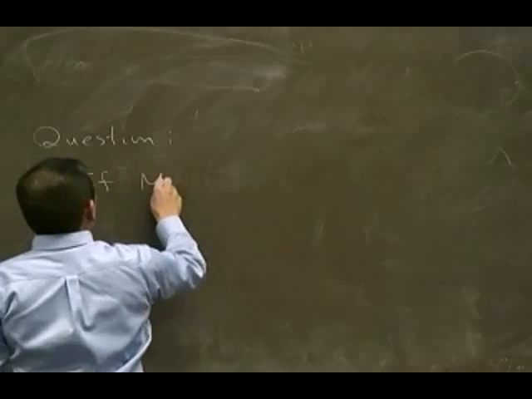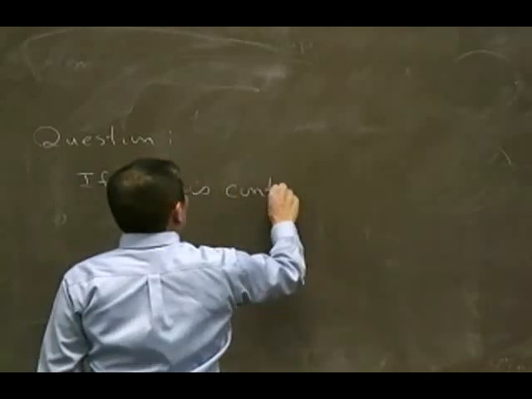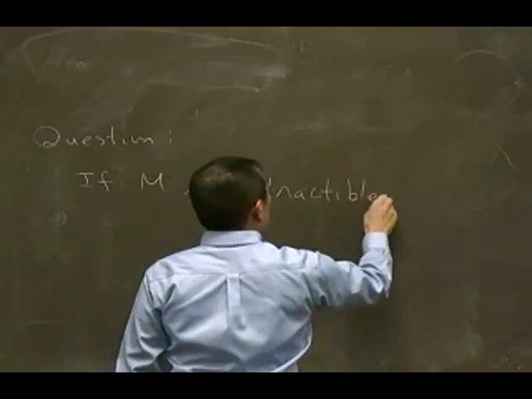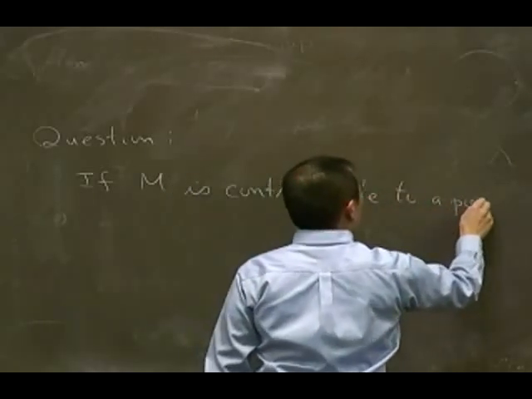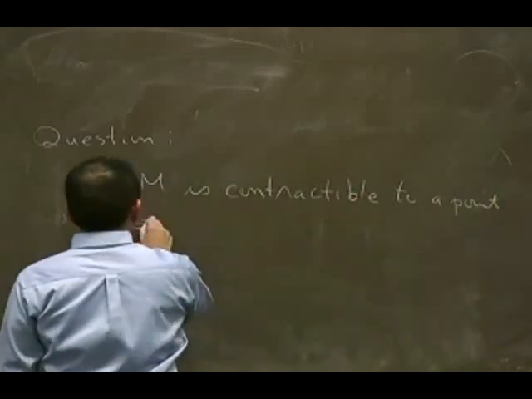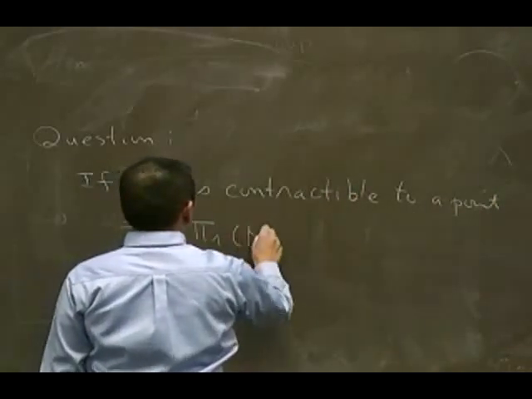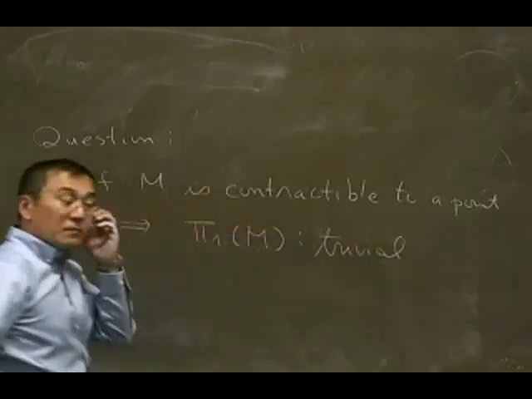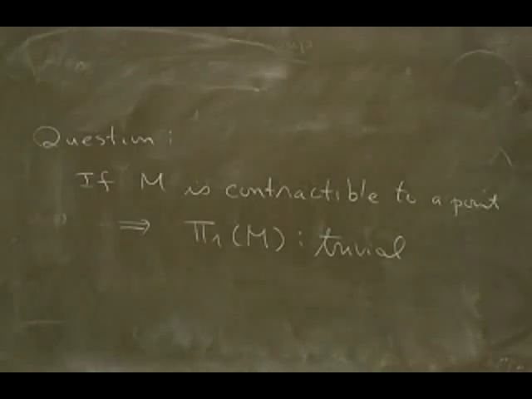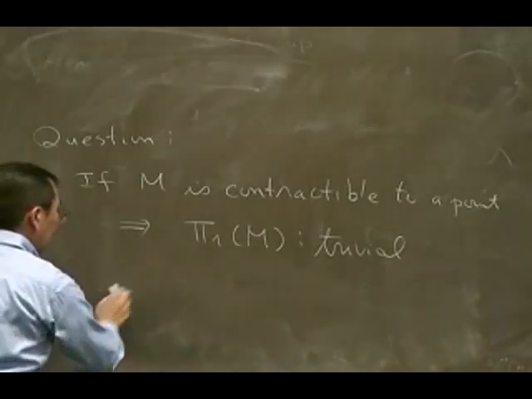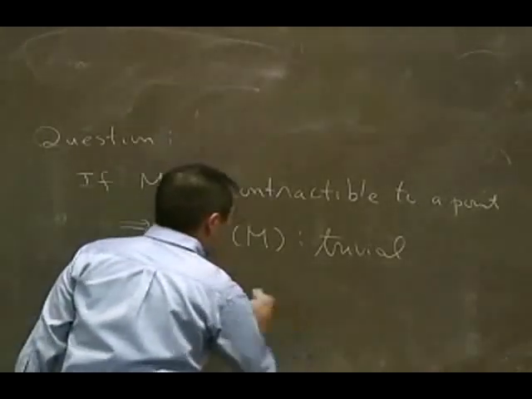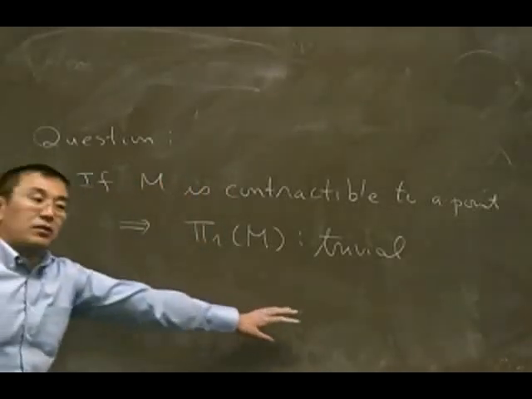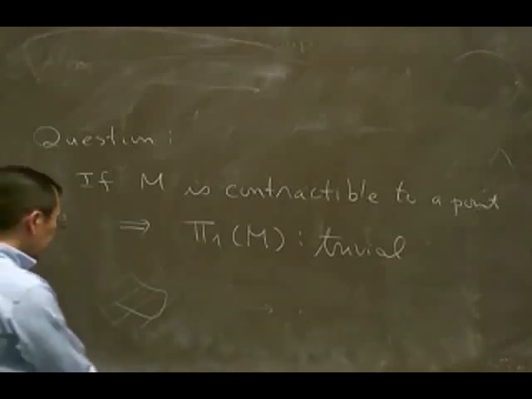If M is contractible to a point, then pi 1 of M is trivial. Okay, so for example, if you have a two-dimensional disk, you can contract that to a point, and indeed, any loop in 2 dimensions can be contracted.